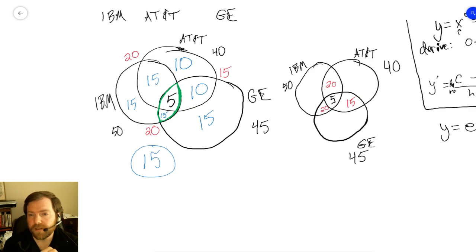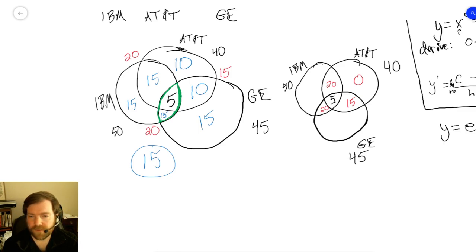This means that if we have 40 for AT&T total, this means we have 20, 25 plus 15 is 40, which means that nobody owns just AT&T.